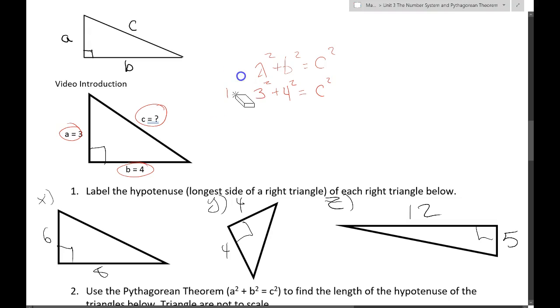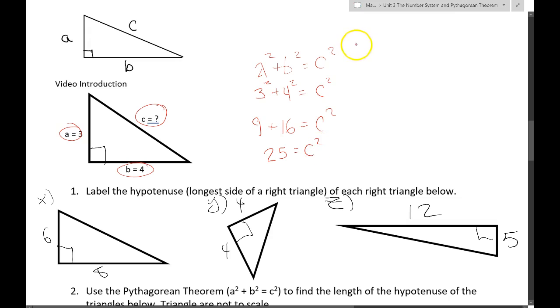Once I've labeled and substituted, I know I'm solving for C because that's my unknown value. What's 3 squared? 3 squared is 9, plus 4 squared, which is 16, equals C squared. Now I add these and I get 25 equals C squared.